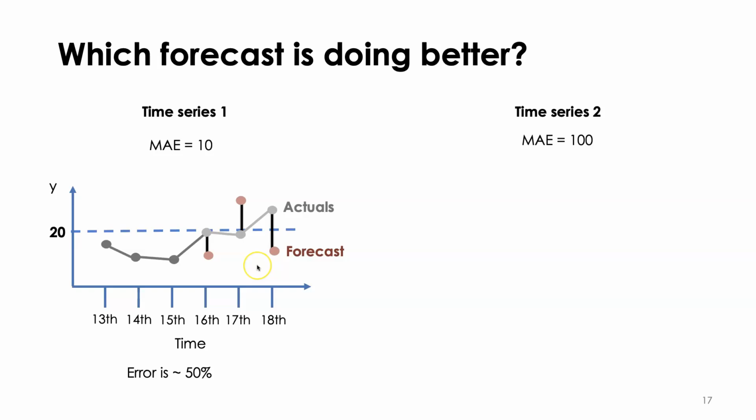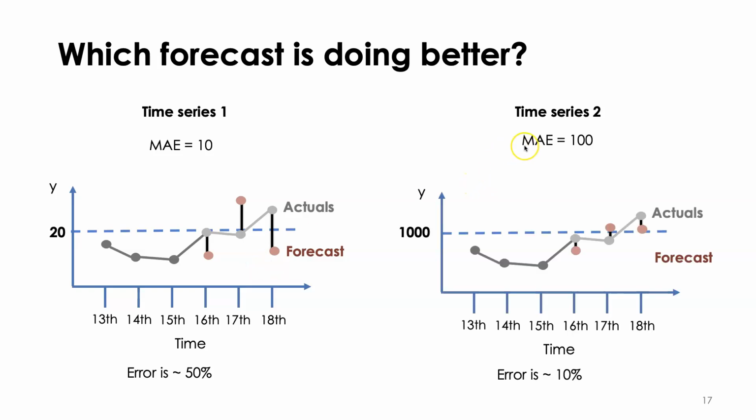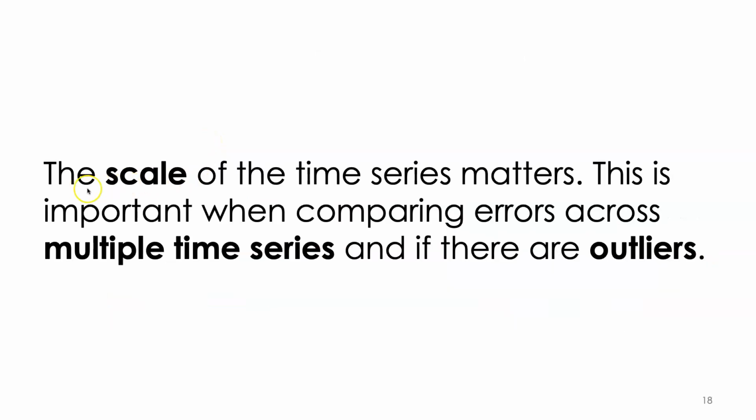If instead we look at time series 2, the average value in the forecasting horizon is 1000, and so a mean absolute error of 100 is only 10% of that average value. And so the forecasting errors on a relative scale are actually much smaller for time series 2 than time series 1. This demonstrates that the scale of the time series matters.